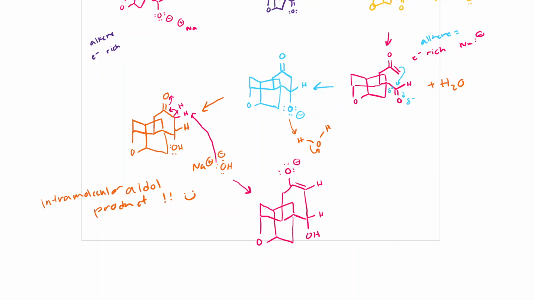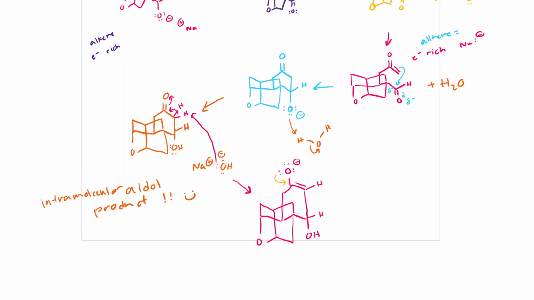And now we have to recognize that the oxygen is not happy again. So what it's going to do is take a pair of electrons and push. It's going to take a pair of electrons and make a carbonyl bond again.